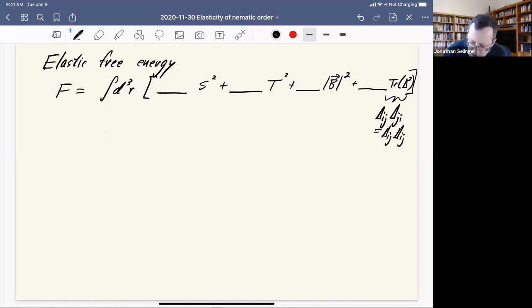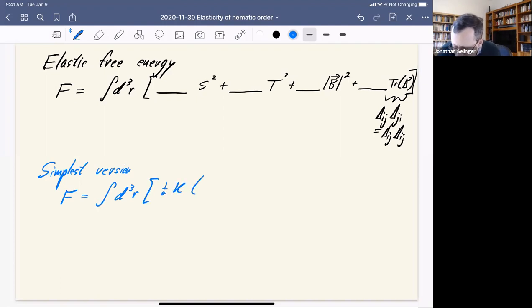Now, let's compare that with the simplest version. In the simplest version, the free energy is an integral of 1/2 k, a single constant, times this combination of derivatives.